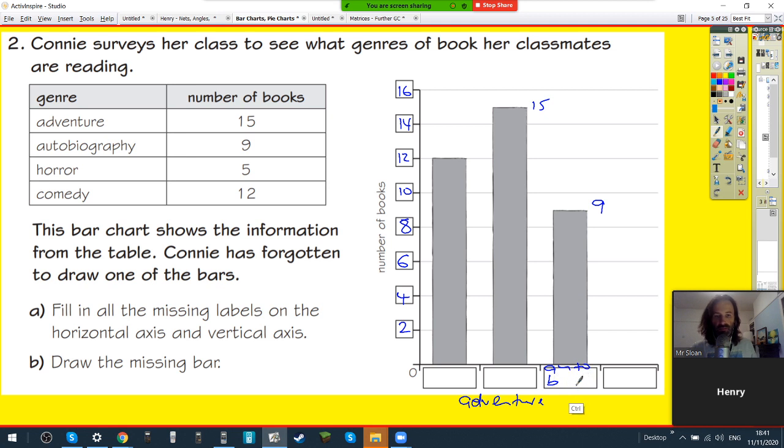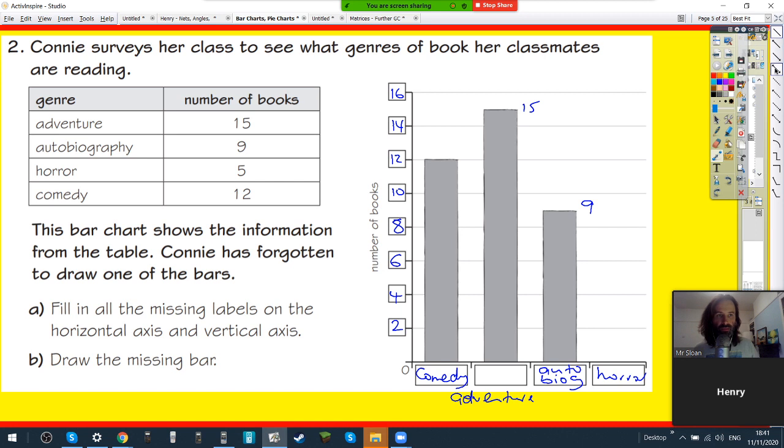Go on. And then the one that's 12 is the comedy. Comedy is 12. And the missing one is horror, and the bar is in between 4 and 6.